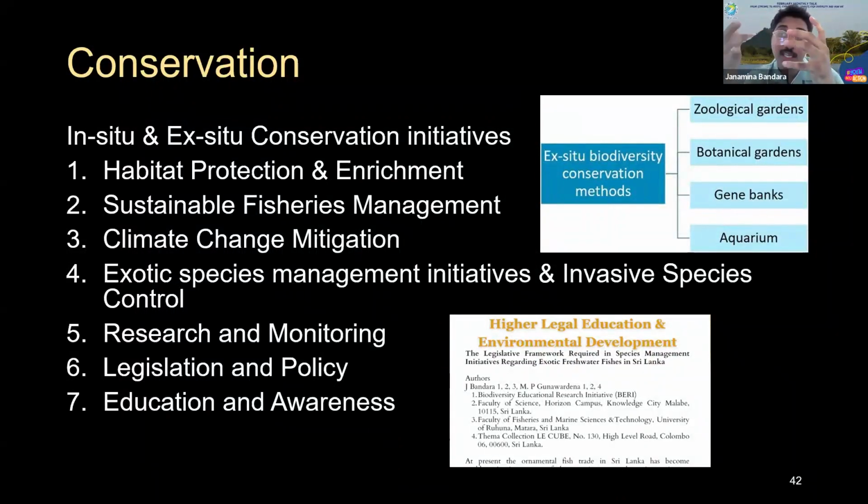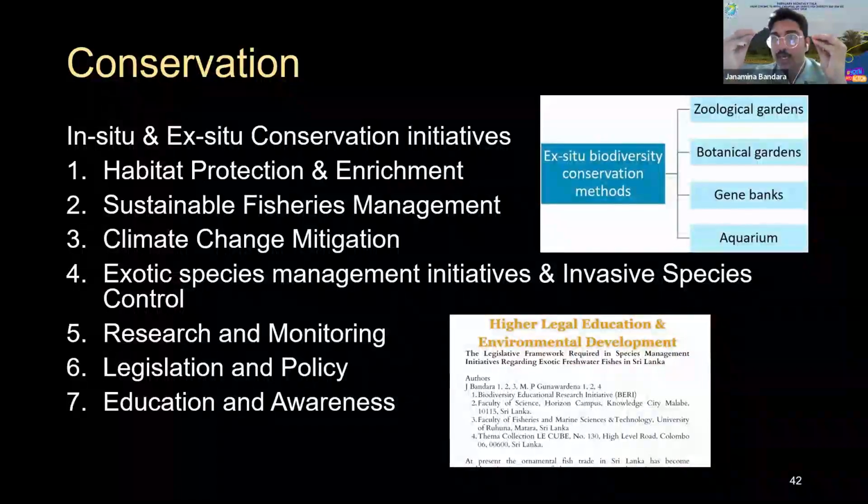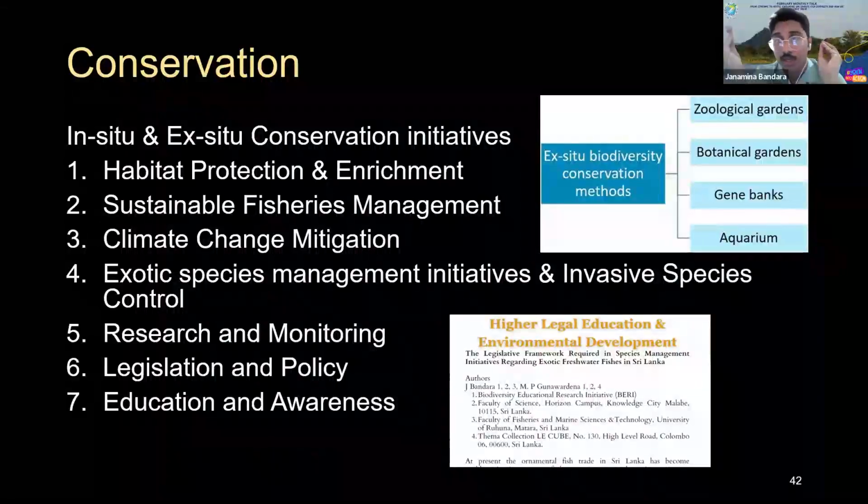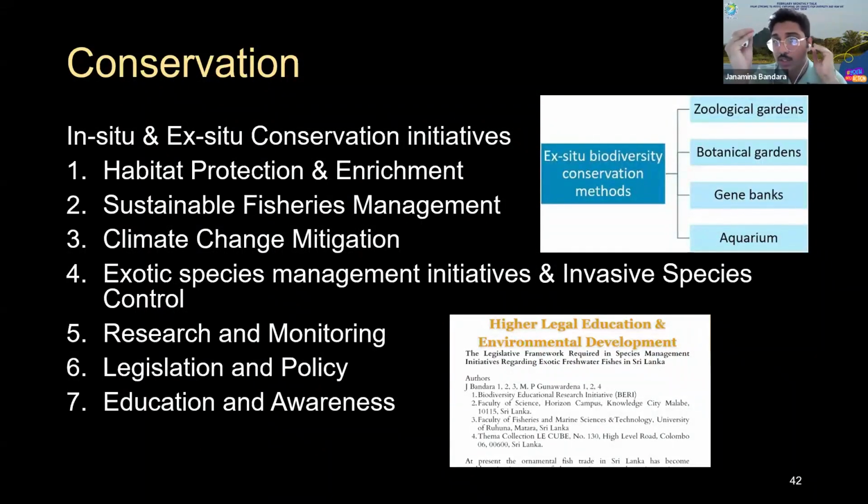If you remove the invasive species, it could pose an indirect effect on the native species which have already adapted. So these conservation initiatives must be based on evidence and proper studies. Otherwise, it could be really harmful to these species.